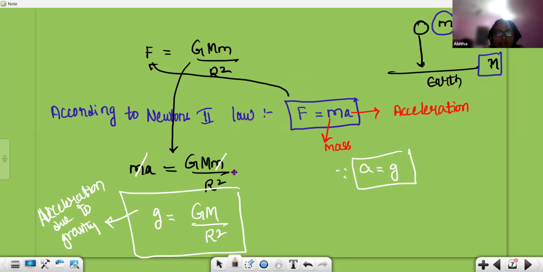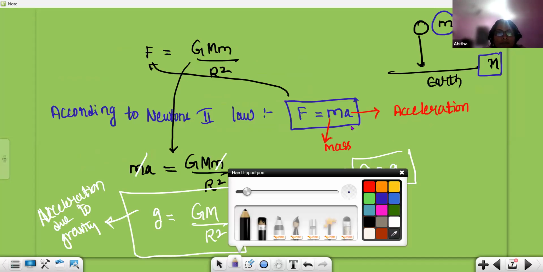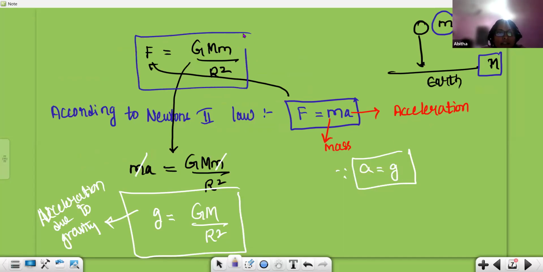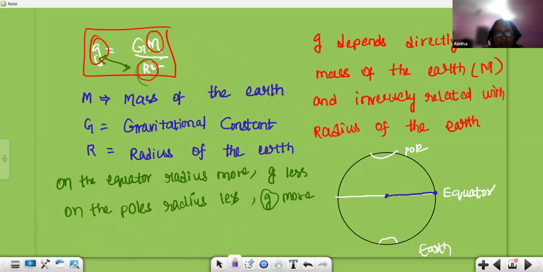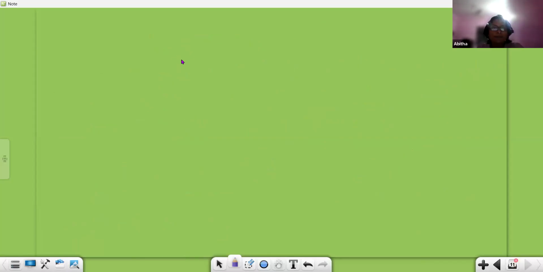So we have seen the formula from the universal gravitational law, and again I'll repeat, writing the equation is very important. The expression is F is G M m by r square. This is the formula we have from the universal law of gravitation.